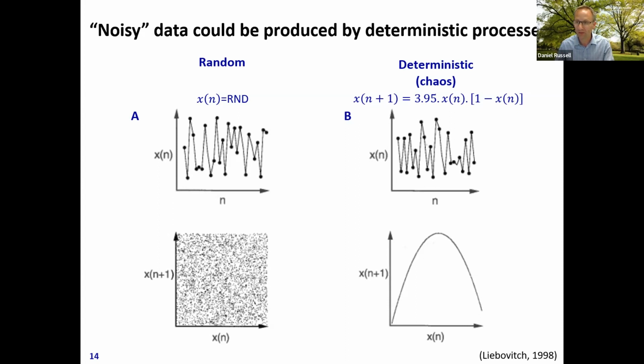So there are no real relationships there. But for deterministic chaos with a logistic equation such as this, we see a nice clear structure in our recurrence plot.